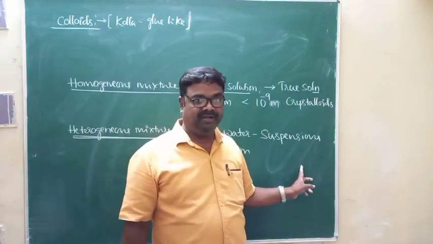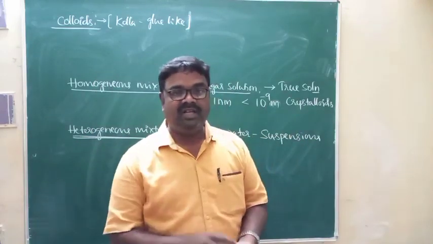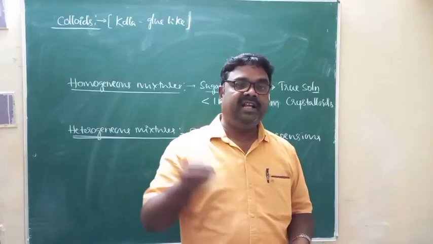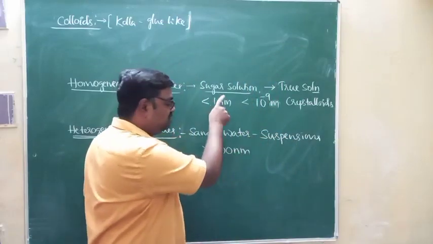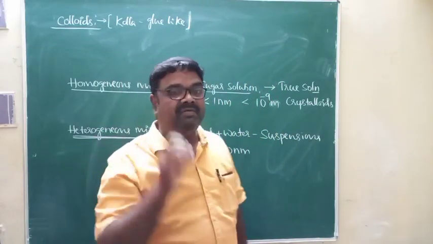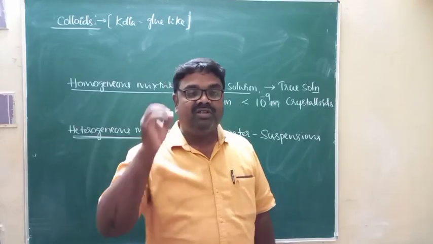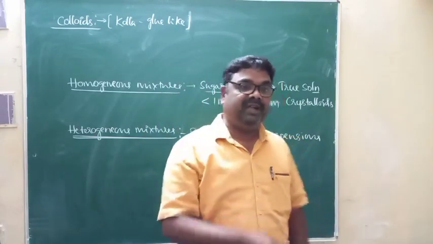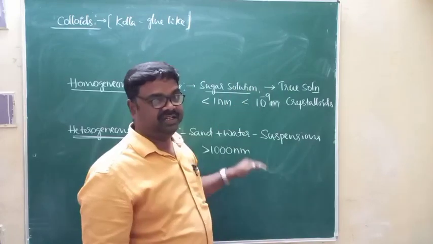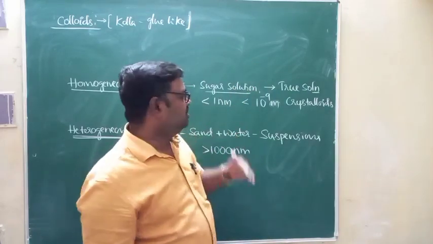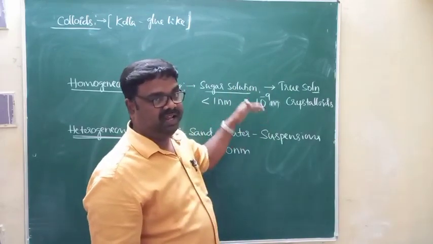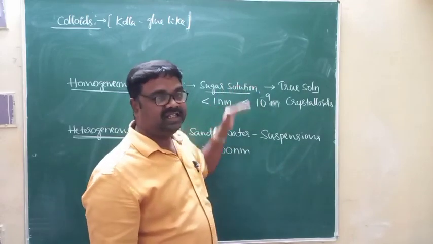But in colloids, the size of the particles will be between 1 nanometer and 1000 nanometer. And that's why the properties of colloids will be in between those of true solutions and suspensions. Because of that particle size, the properties of colloids lie between those of true solutions and suspensions.